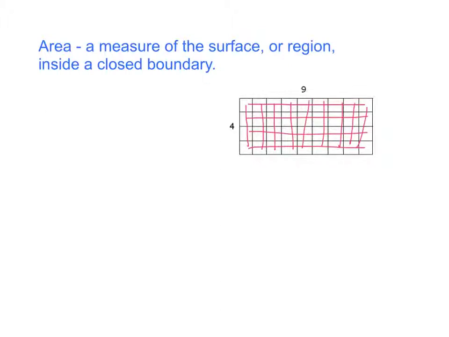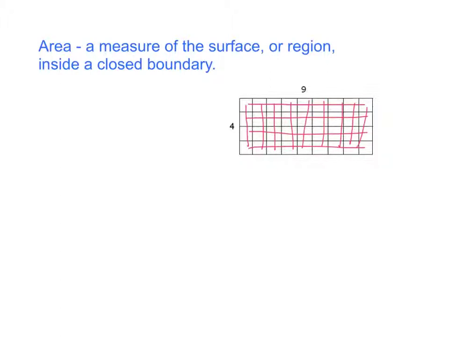Fifth graders, I know how smart you are, and you've probably already figured out that to find the area of this rectangle would mean to count the number of square units inside of the rectangle. That's very easy to do, but you can also do it by multiplying, taking the 9 times the 4.